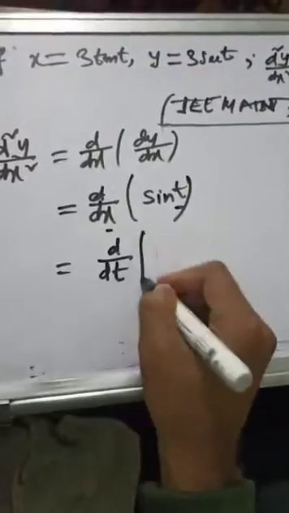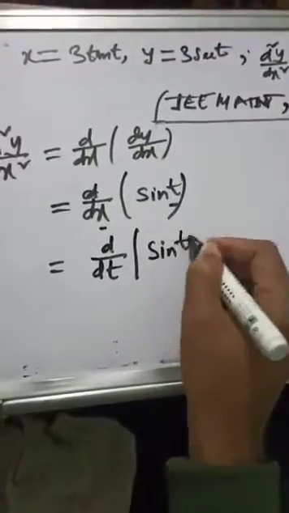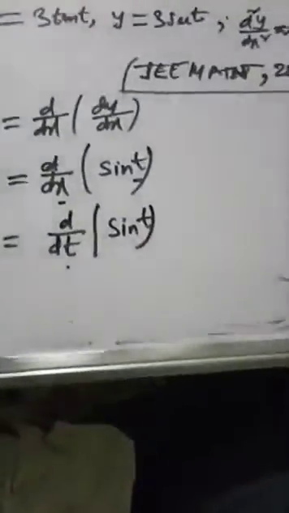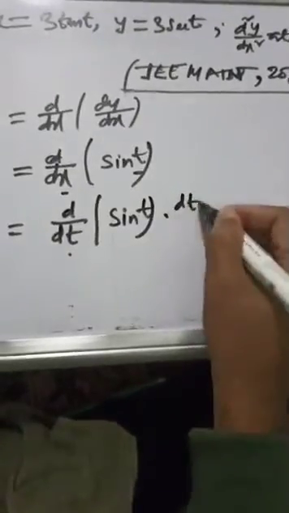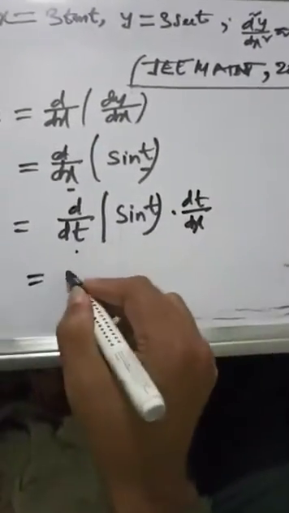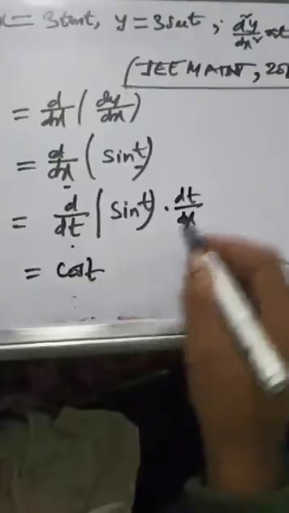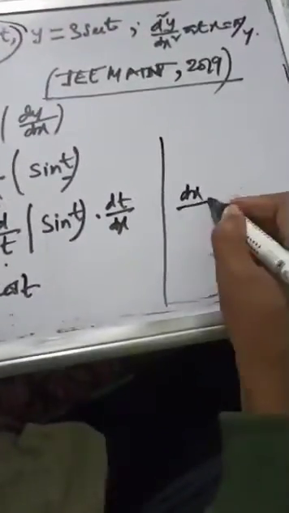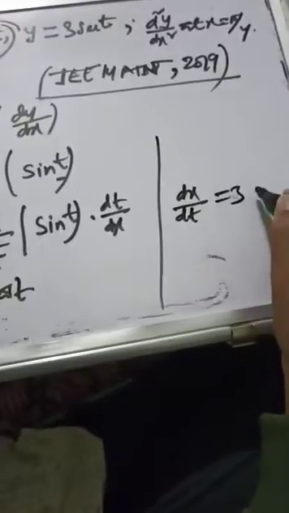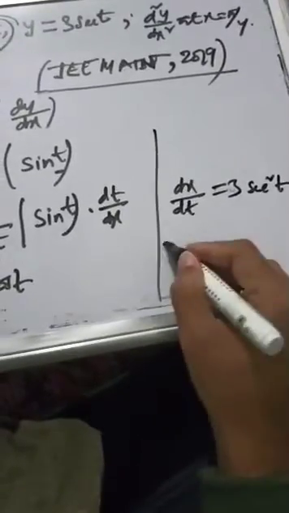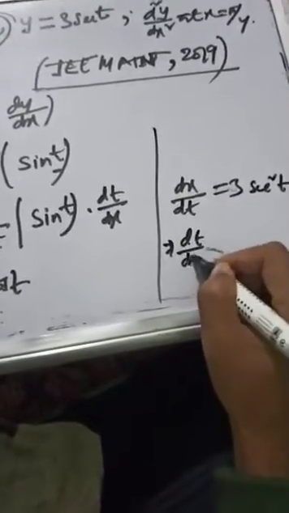So we adjust by writing d/dt of sin t, which is cos t, times dt/dx. Since x is 3 tan t, what is dx/dt? dx/dt equal to 3 sec square t, right? So what is dt/dx?